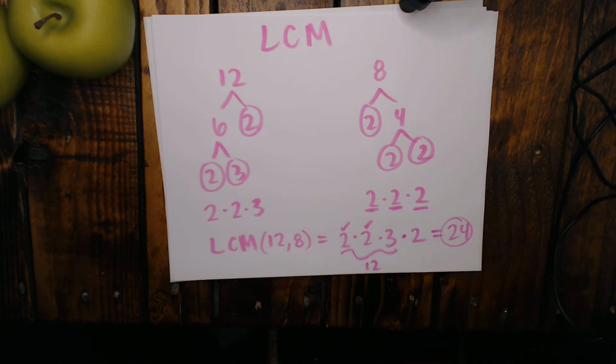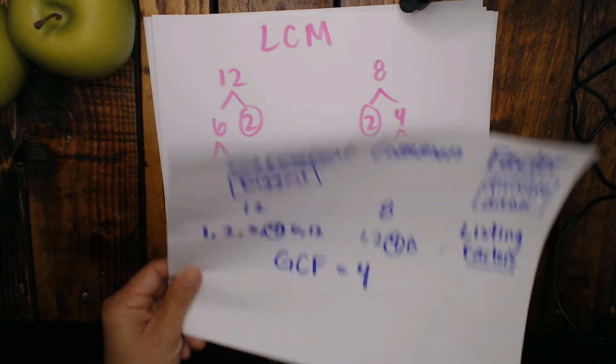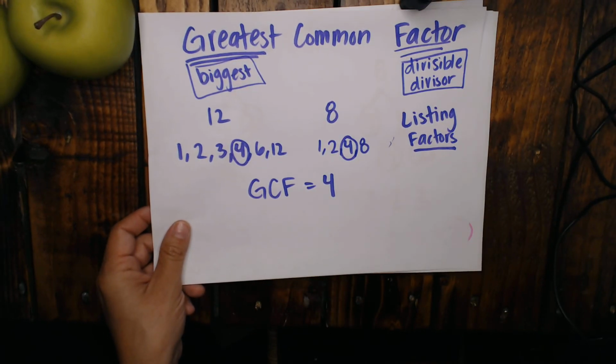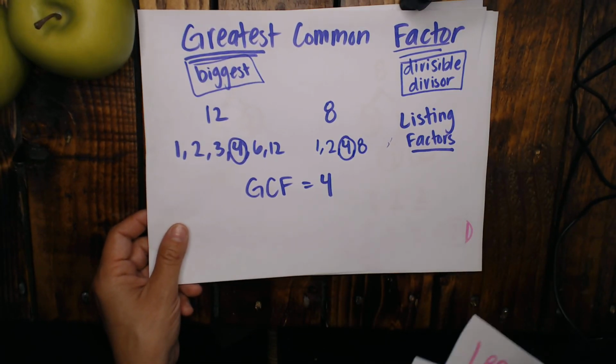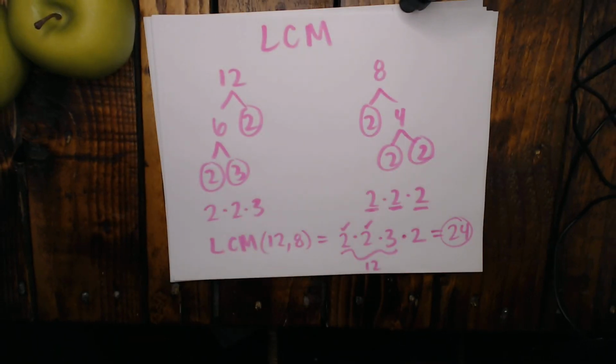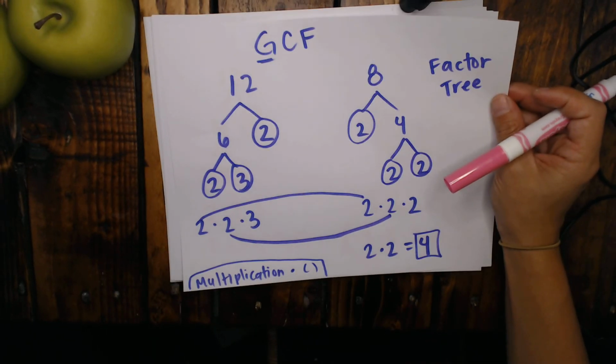So our very first lesson, as we are getting to the unit of ratios and rates, we're going to be talking about the GCF, or the greatest common factor. And we have the 2 strategies there of listing the factors as well as our factor tree.